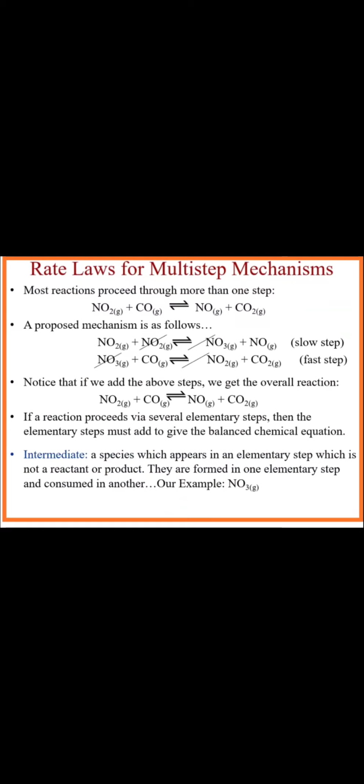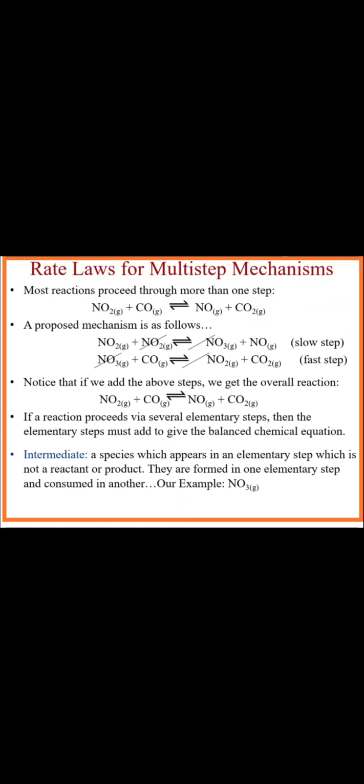That is, this specific reaction consists of two elementary steps, forming a complex reaction. Here the first step is the rate determining step and NO3 gas acts as an intermediate, that is, a species which appears in the elementary step but is not a reactant or product.